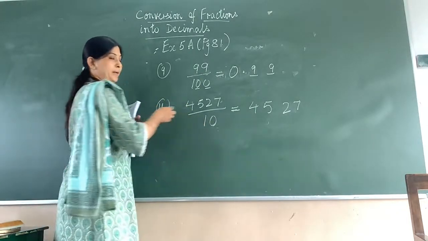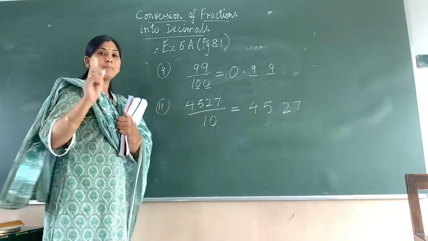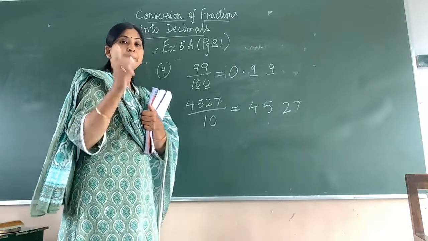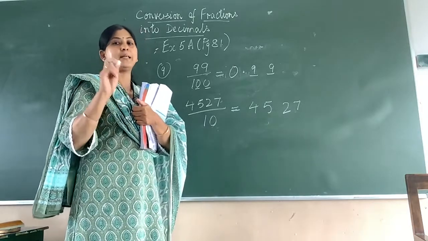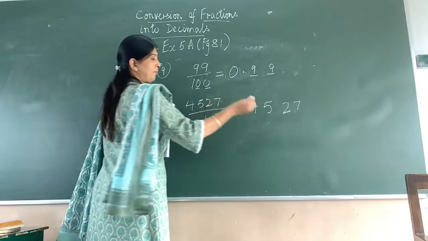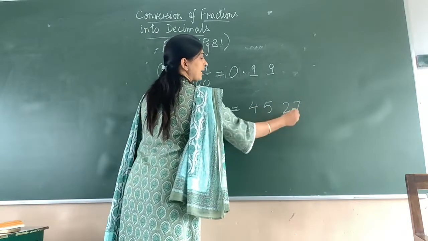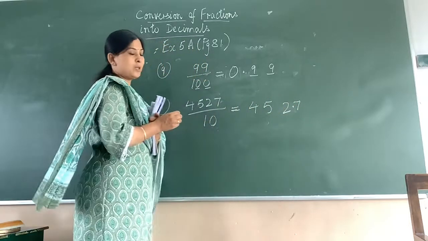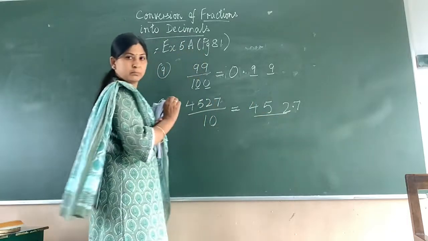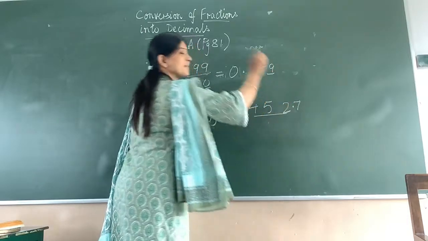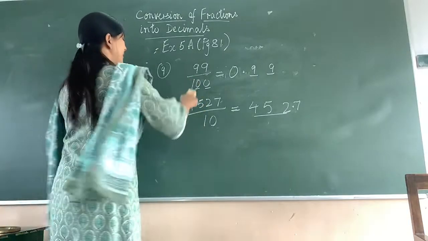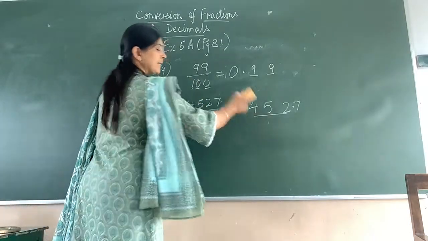It is 10. That means after the decimal point, how many digits will there be? There will be 1 digit after the decimal point. So we have written the numerator and we will count 1 digit from the right hand side and put the decimal point. So what is our decimal number? 452.7. So this fraction we have written in decimal form.